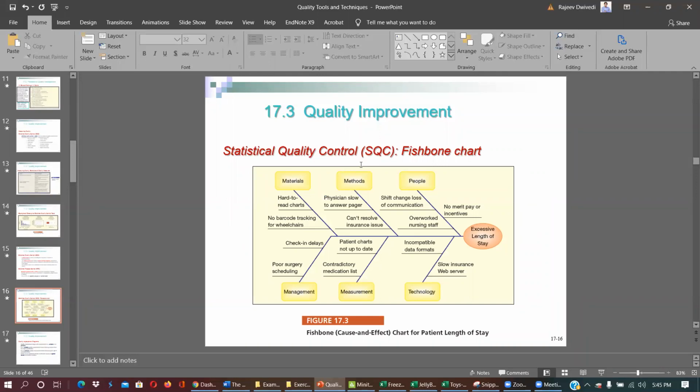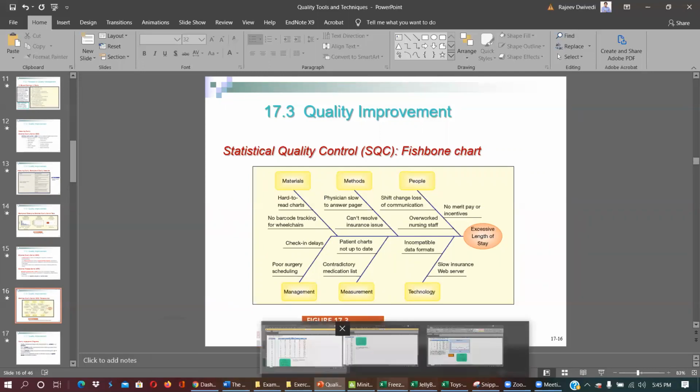These are the normal categories, so basically excessive length of stay is due to technology, measurement, management, material, method, and people. How do we plot this? Minitab helps us do this job.